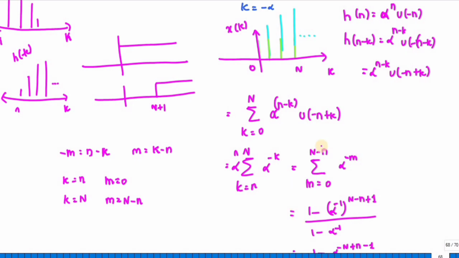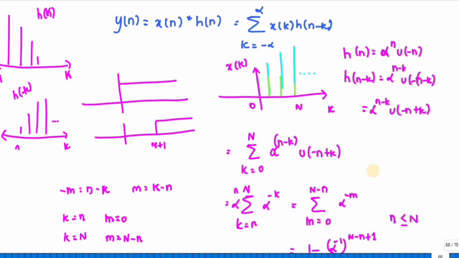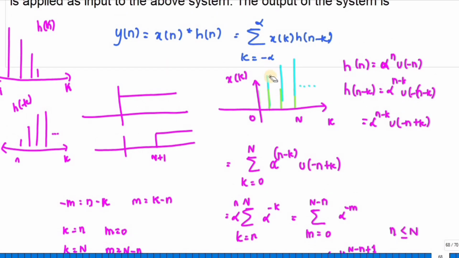the n values, summation n values less than or equal to minus m. Okay. Suppose this is my x of n, x of k, right?